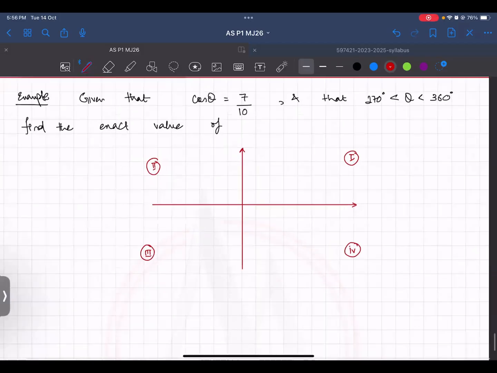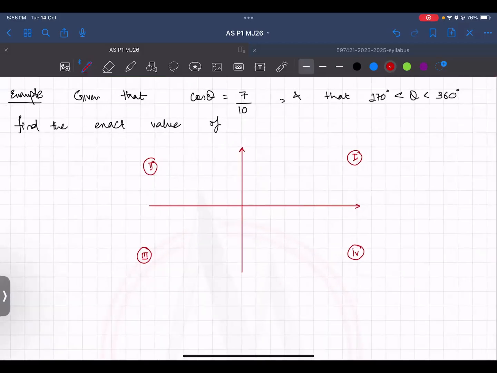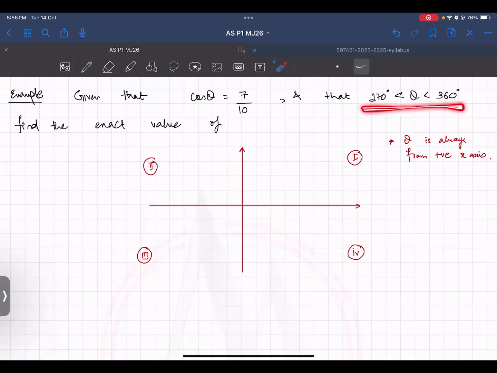Four quadrants. And your angle, the theta, is always measured from the positive x-axis. This is something you need to learn. So this means that if your angle is between 270 and 360, it is somewhere over here in the fourth quadrant.